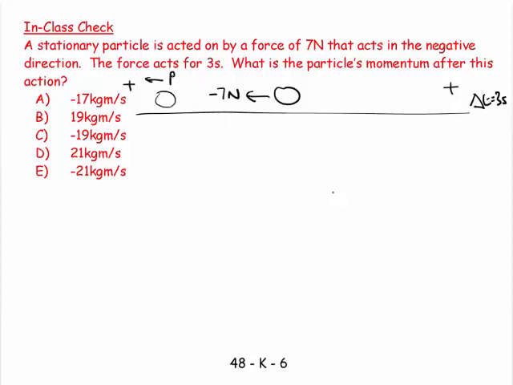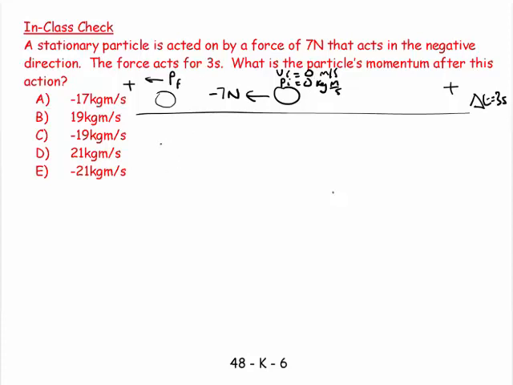So I want P final. Over here, V initial equals 0 meters per second. So P initial equals 0 kilogram meters per second. I want to find this P final.